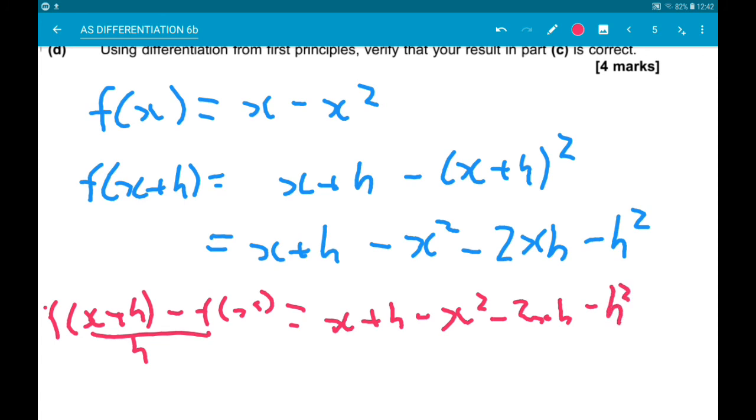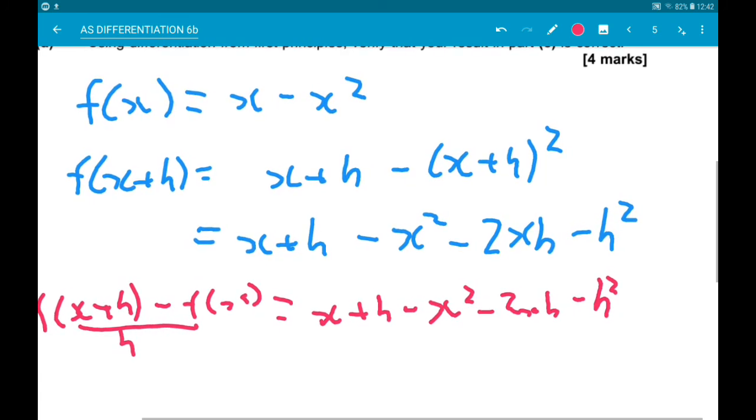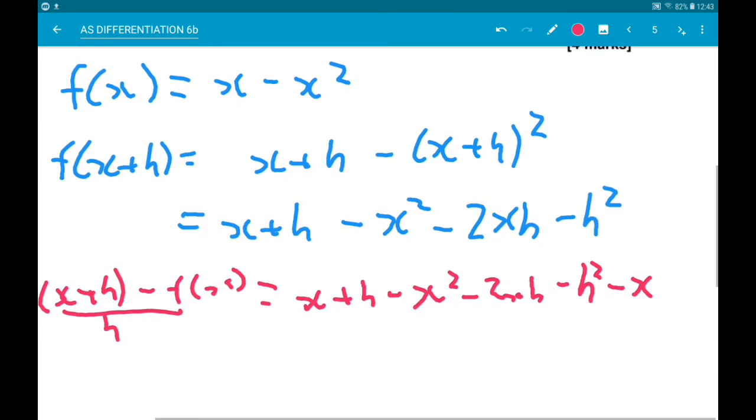Now it's minus f of x, so it's minus x minus x squared, so add x squared. All over h.